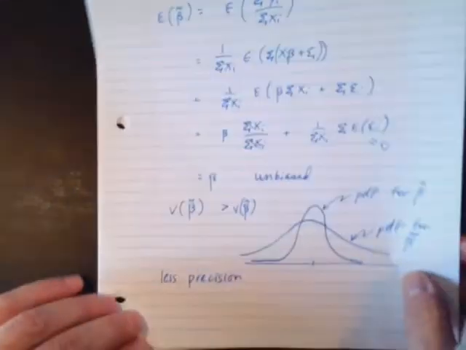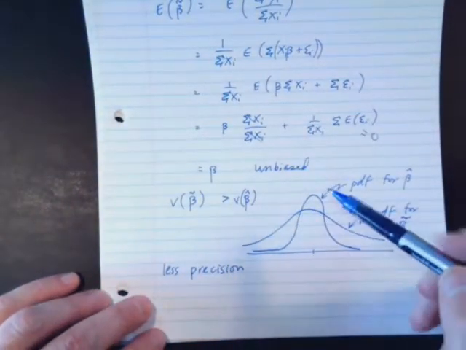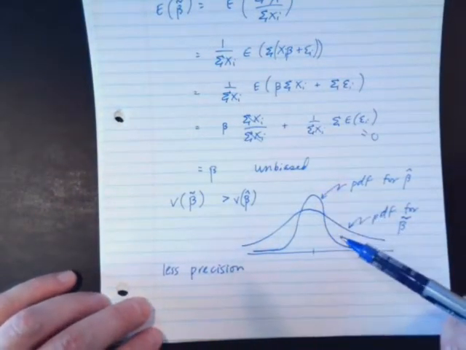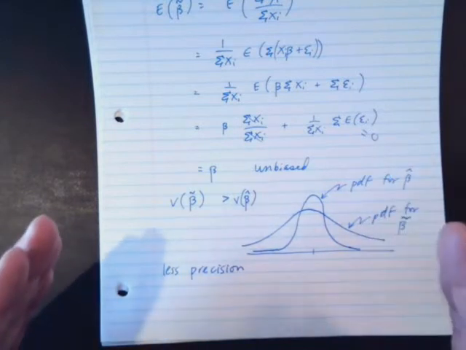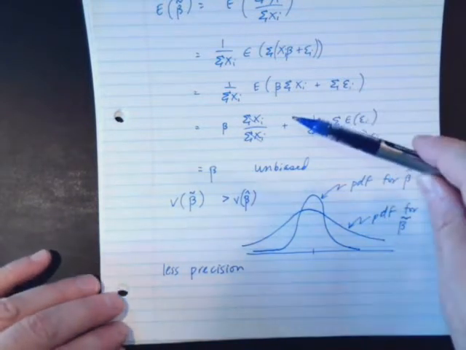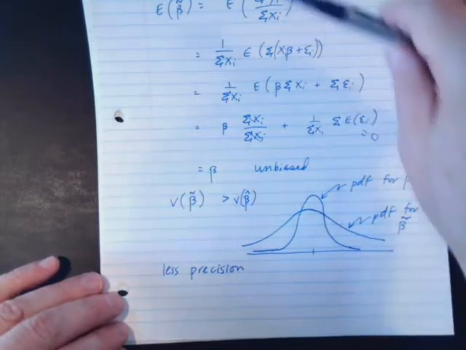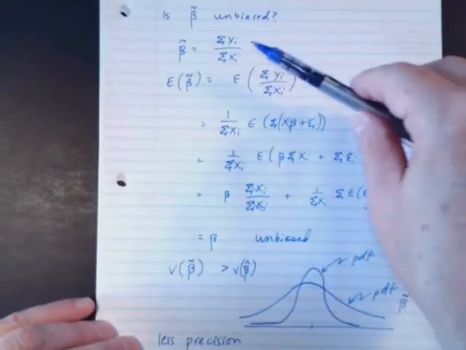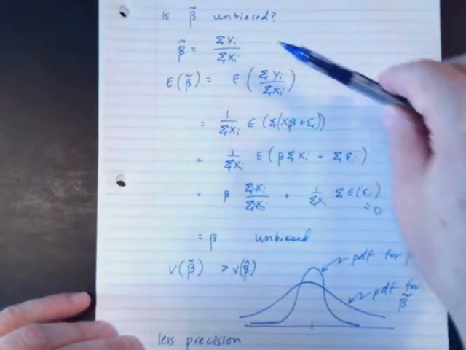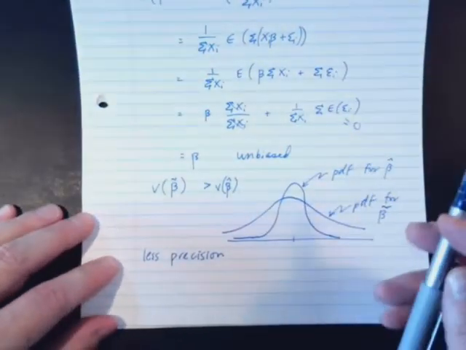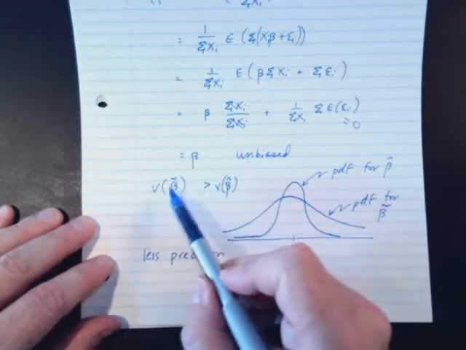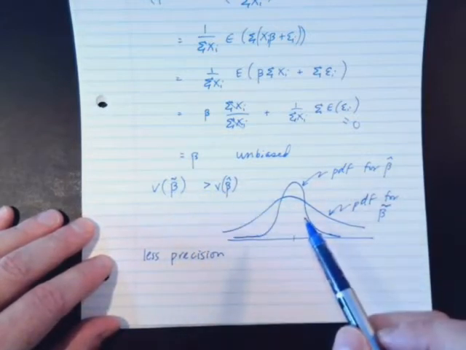And another way to think about it is it's making less use of the information in the data set. The information in the data set consists of all the values of x and y, and if we're going to make the best possible use of that information, we want an estimator with the smallest possible variance.